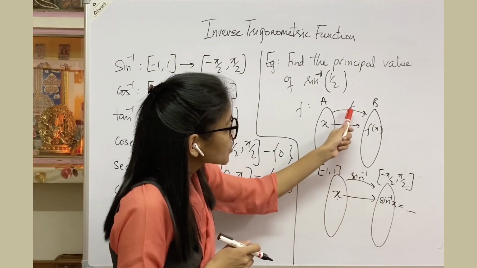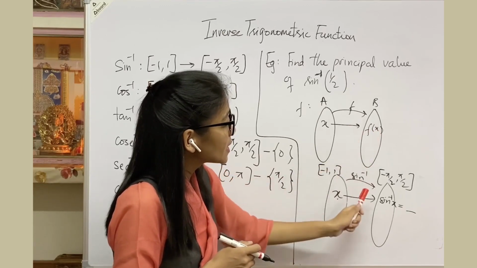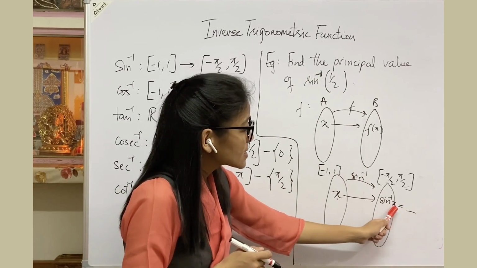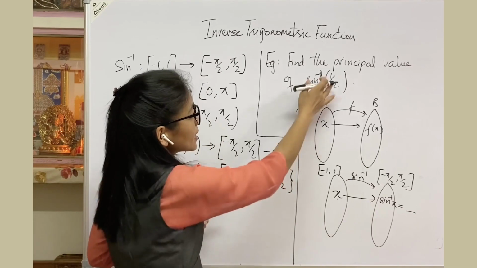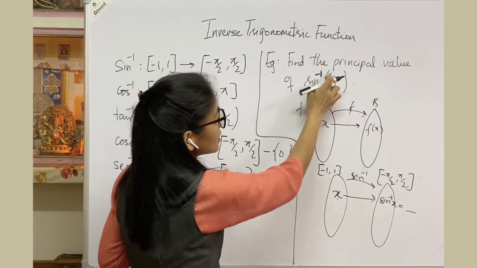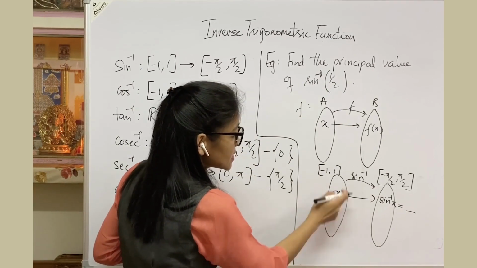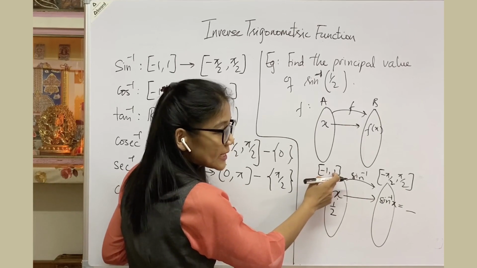So first you understand this. When I take function f, we write image of x under function f. Similarly here my function is sine inverse, so I can write image of x under function sine inverse. Now this is sine inverse of half, which means you take element half in this set. Half is in the interval -1 to +1, it is correct.